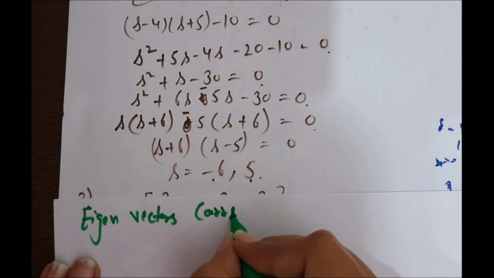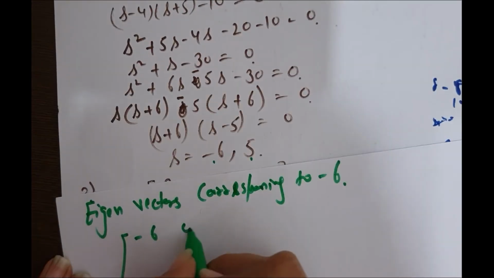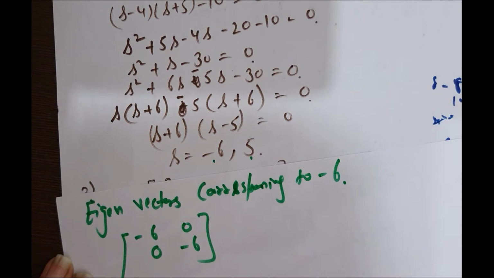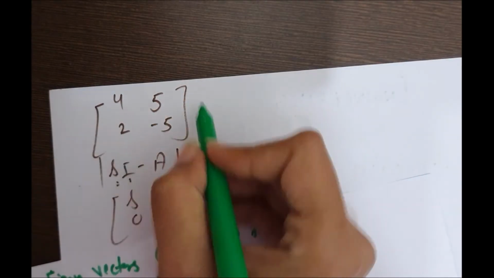The eigenvector corresponding to minus 6 would be with minus 6 0 0 minus 6. I am not writing the characteristic equation again and again, I am just writing it directly. The matrix is this.